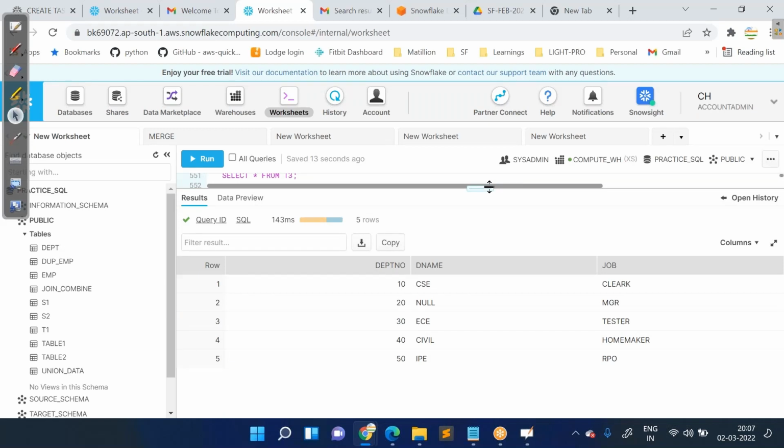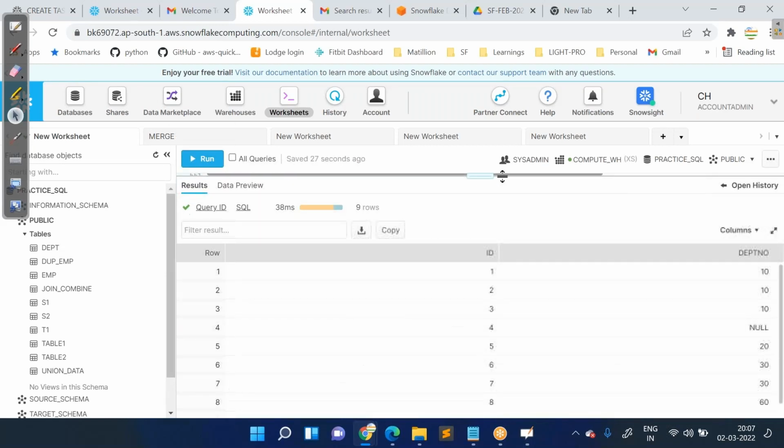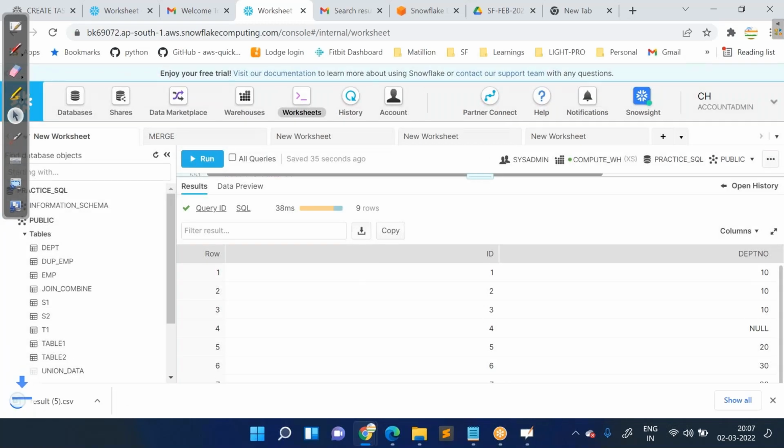How many records in T3? So how many records are we expecting for inner join output? How many?